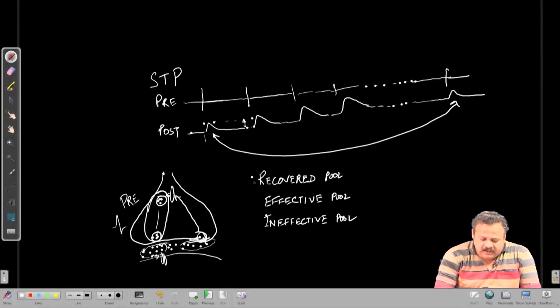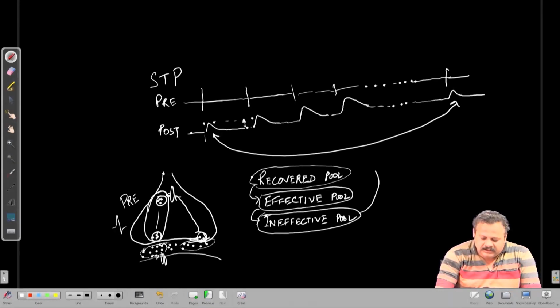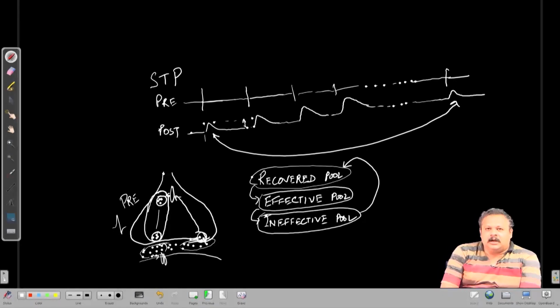So, we have neurotransmitter in this, which is made to be effective by going here, which goes to ineffective, and that is cycled back into the recovered pool. Now, the steps that are involved are unidirectional.